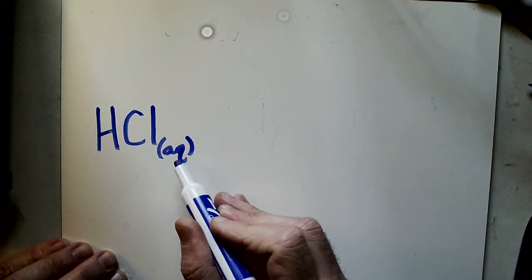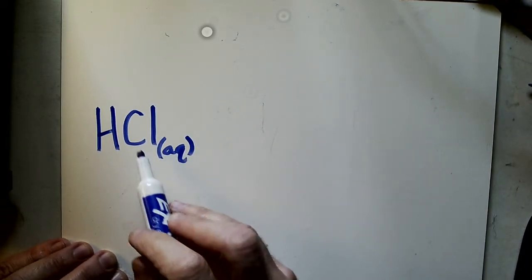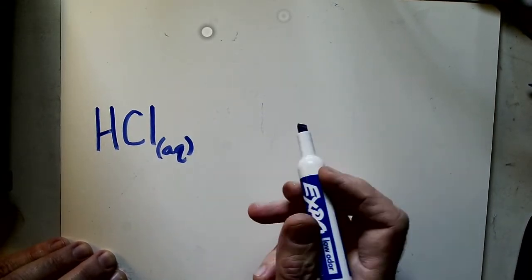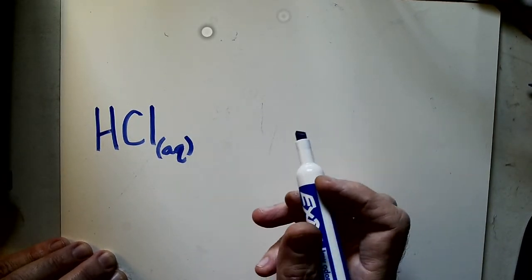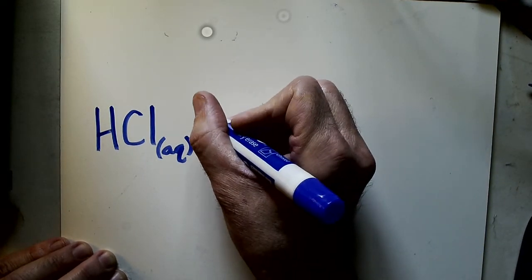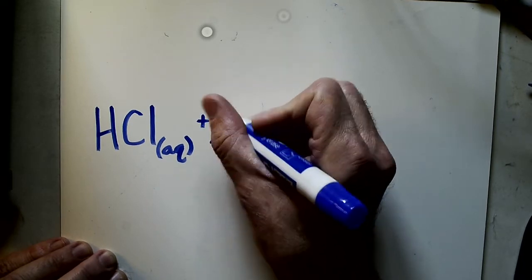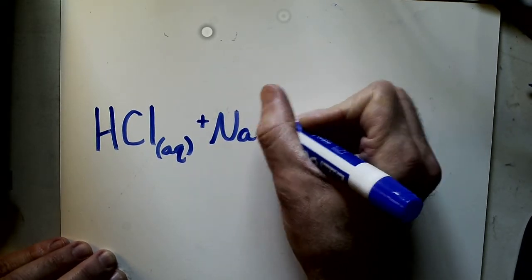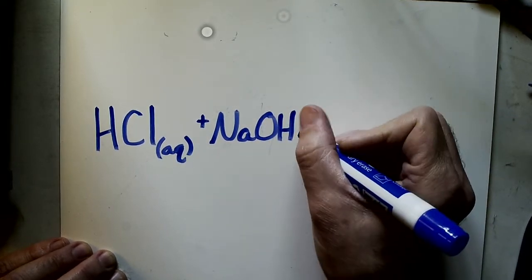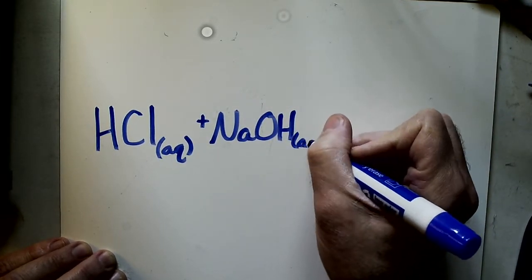That means aqueous, dissolved in water. So I have HCl aqueous, HCl dissolved in water. You can't have an acid or a base without water because that's what it's used to dissolve in. So I'm going to put NaOH. There's my base, because there's my hydroxide. So AQ.